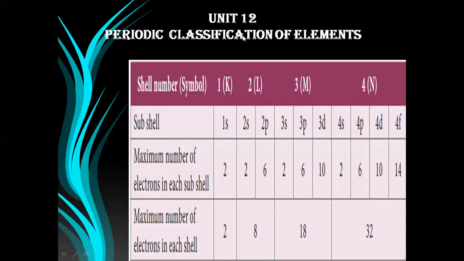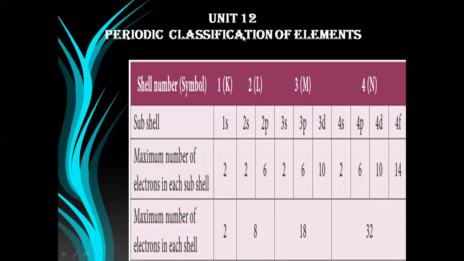Next, the M shell. The M shell has S, P, D. The S subshell has 2 electrons, P has 6, and D has 10, totally 18. Next is the N shell.